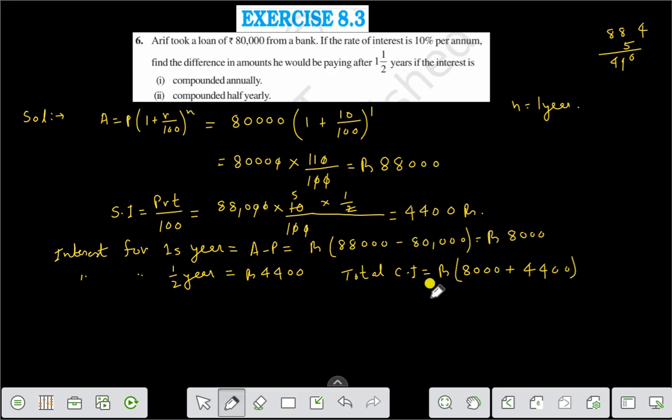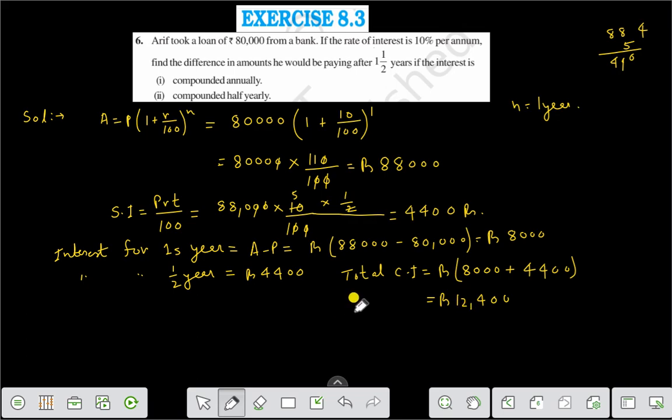That is, total is rupees 12,400. This is the total compound interest, rupees 12,400.